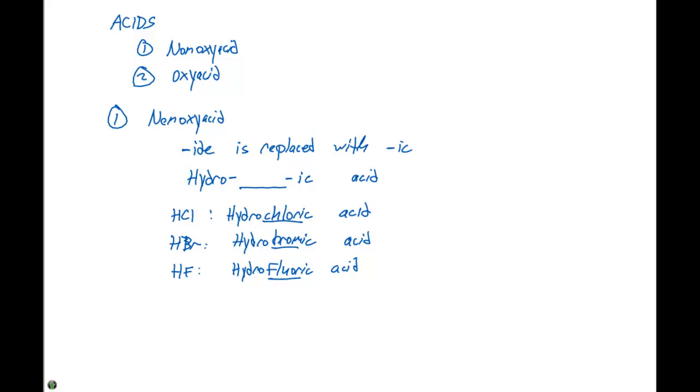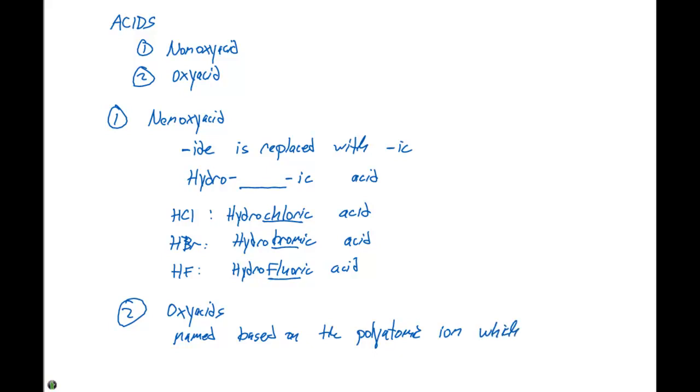So they're fairly straightforward, but the second thing that we have to look at are the oxy acids. And oxy acids are named based on the polyatomic ion which it was formed from.